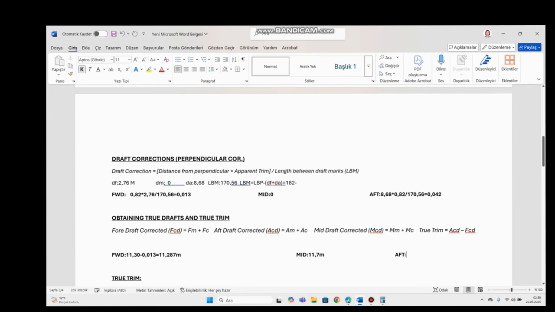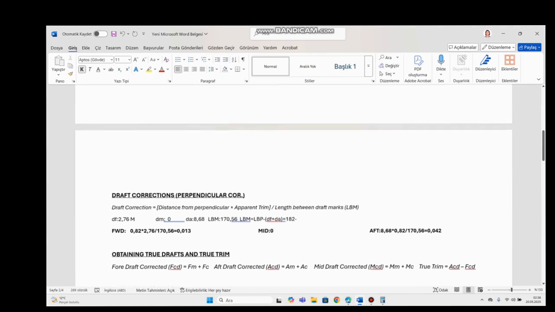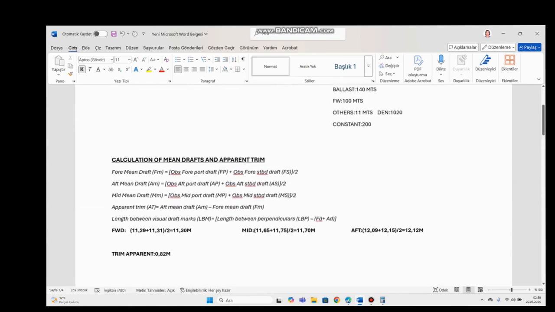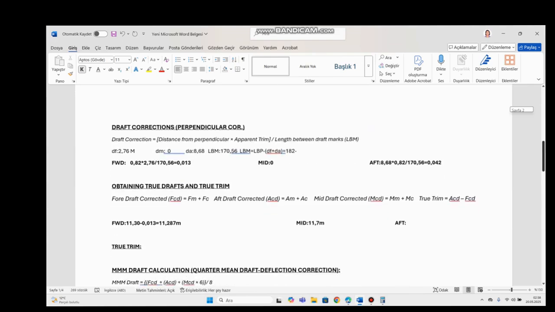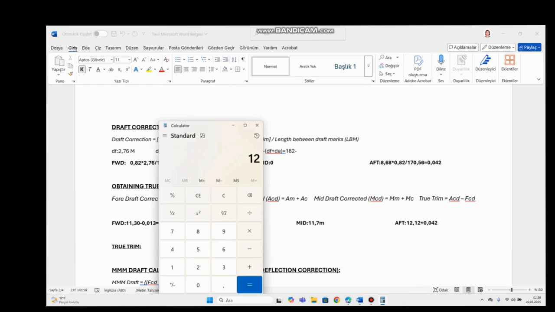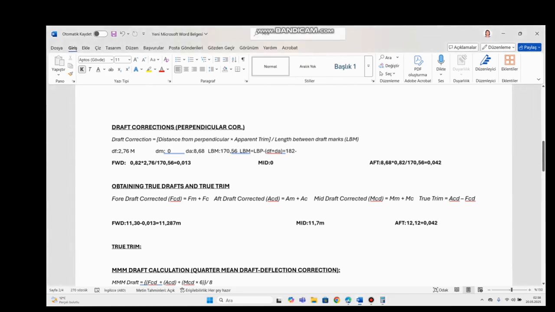And aft draft is 12.12 plus 0.042, 12.162.